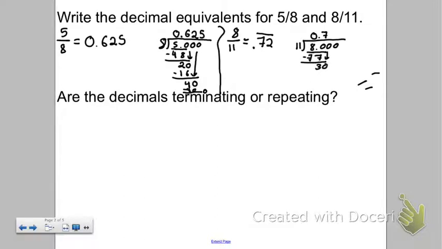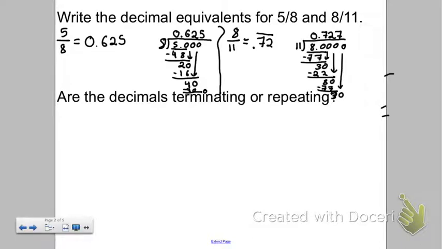I bring down the 0. 11 goes into 30 2 times. Gives me 22 with 8 left over. Bring down the 0. 11 goes into 80 7 times. 77 with 3 left over. Bring down my next 0.